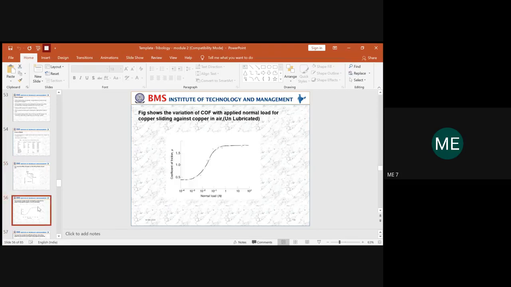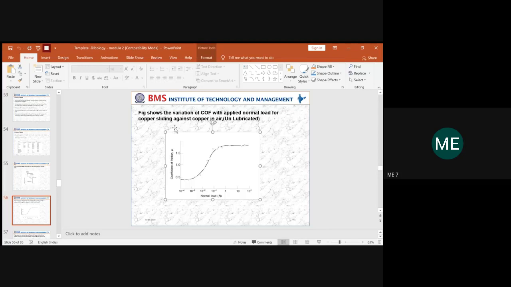Now from today's class, we have to explain the effect of coefficient of friction for different metals. Here you can see a graph where you are applying a normal load on copper. Whenever a given material is subjected to some load or pressure due to movement, the coefficient of friction comes into picture.